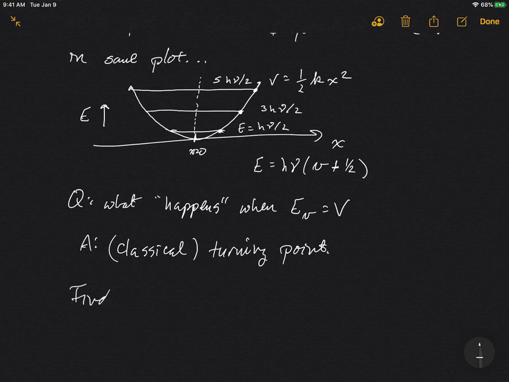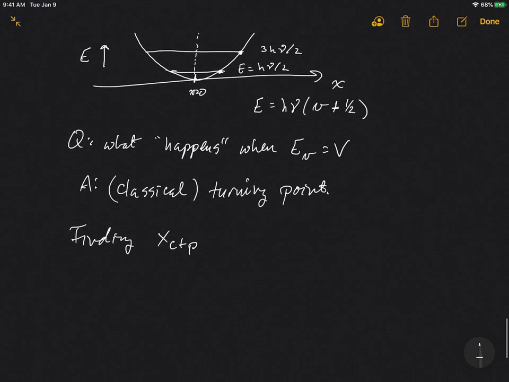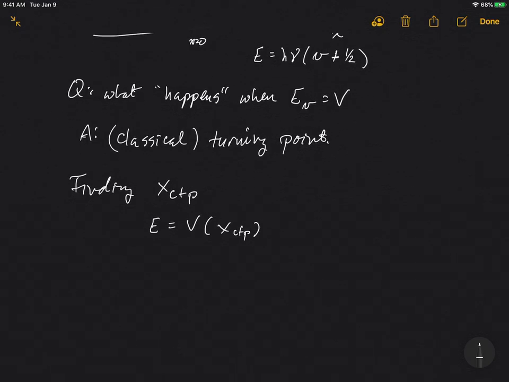Finding the classical turning point in terms of x at the classical turning point, you would set E equals V, and of course you replace x with x CTP to keep track of what we're doing here, and then solve for x.